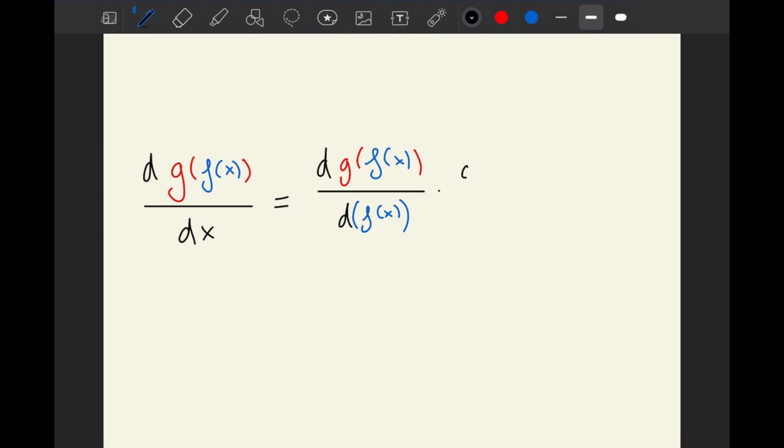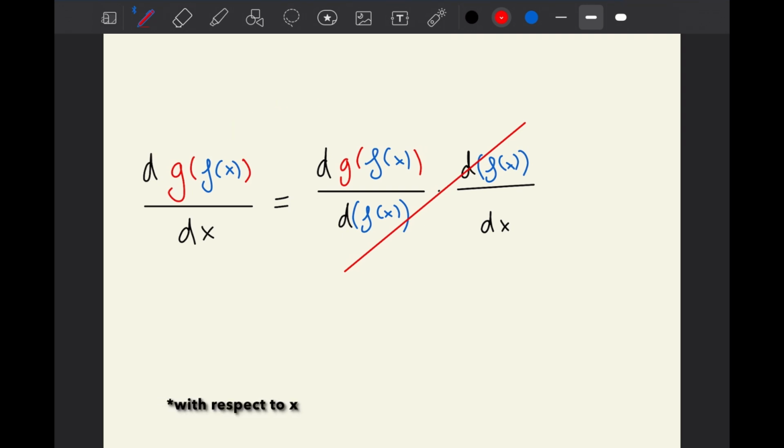And then we're going to multiply this by the derivative of f of x with respect to x. And would you look at that? This cancels out, and what are you left with? You're left with the derivative of the composite function with respect to x.